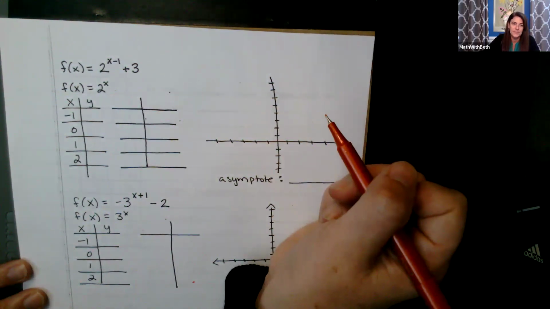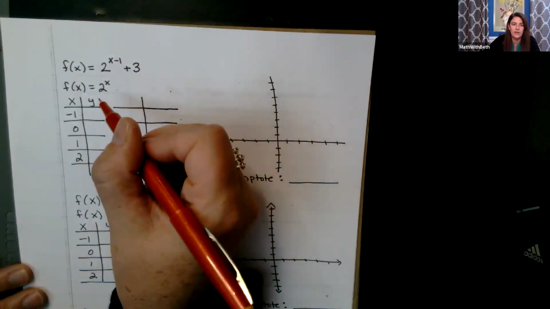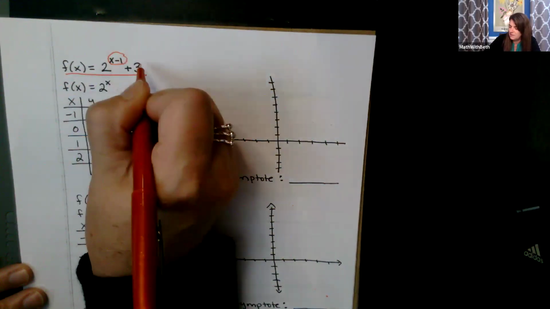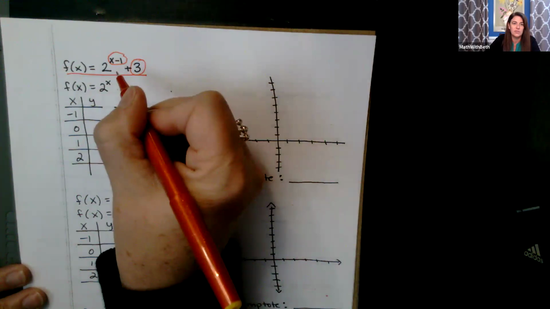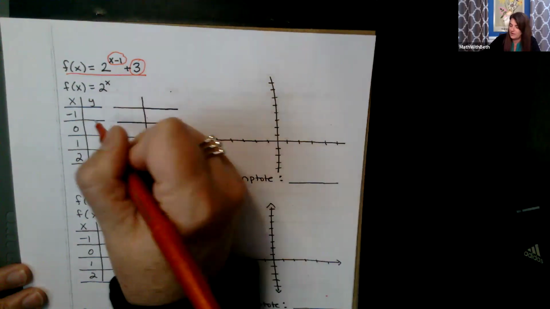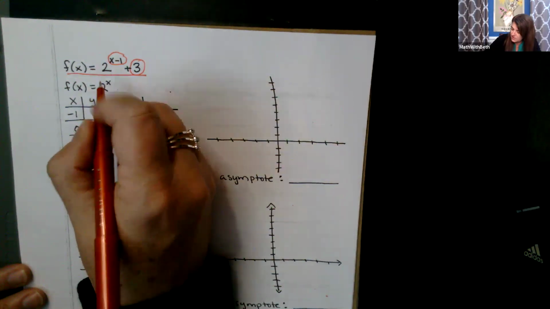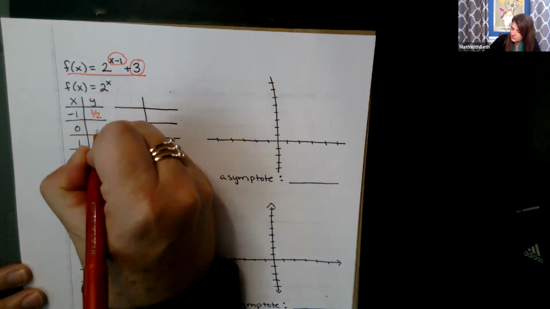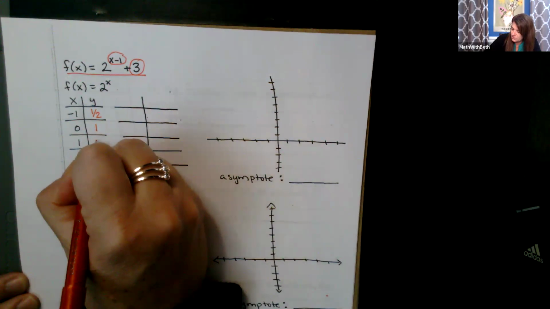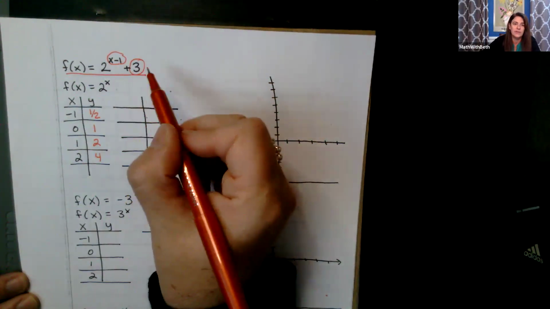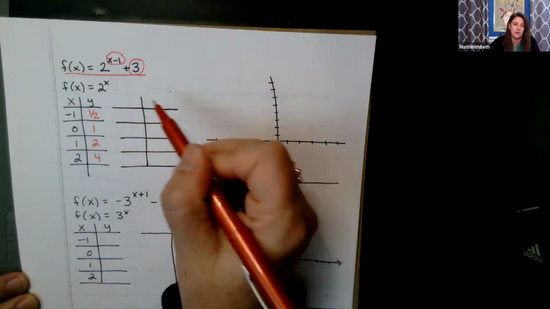And so the way you would do something like this that has obvious transformations happening is start with the parent graph and remind yourself what that was originally. So 2 to the -1, 2 to the 0, 2 to the first, 2 to the second. And now deal with the transformations on the chart.